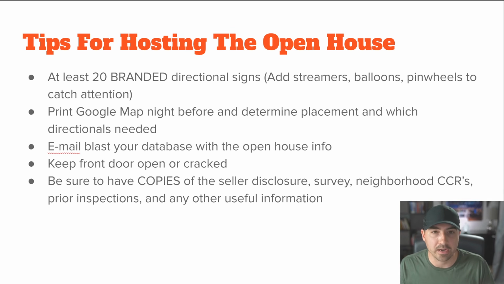Definitely have an extra copy to show people, maybe in a binder where you can slide them into clear plastic sleeves, but then also have physical copies that you can give to people if they want. I'm not saying you have to give that out to every single person that comes through the door, but definitely have copies for the people that do want those. It just makes you look more professional.